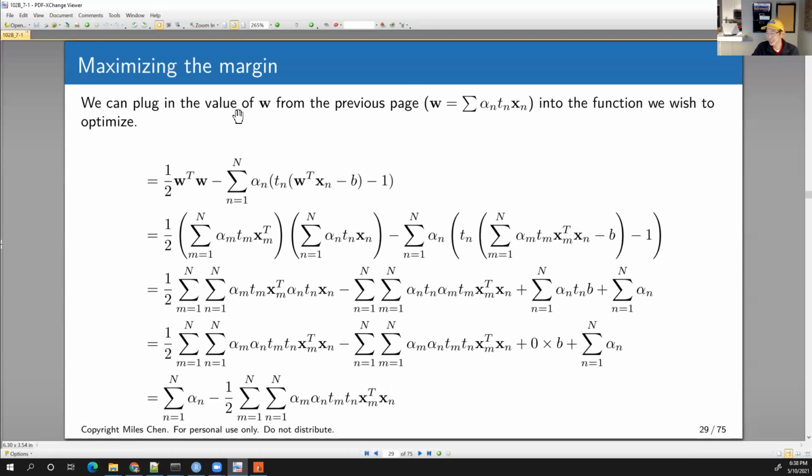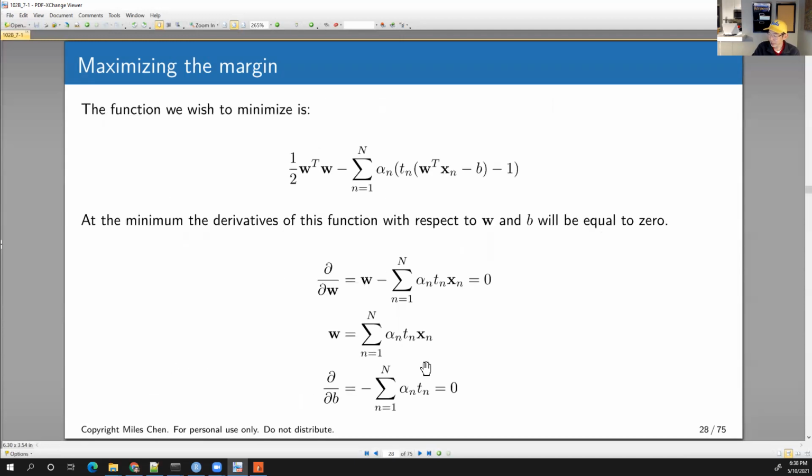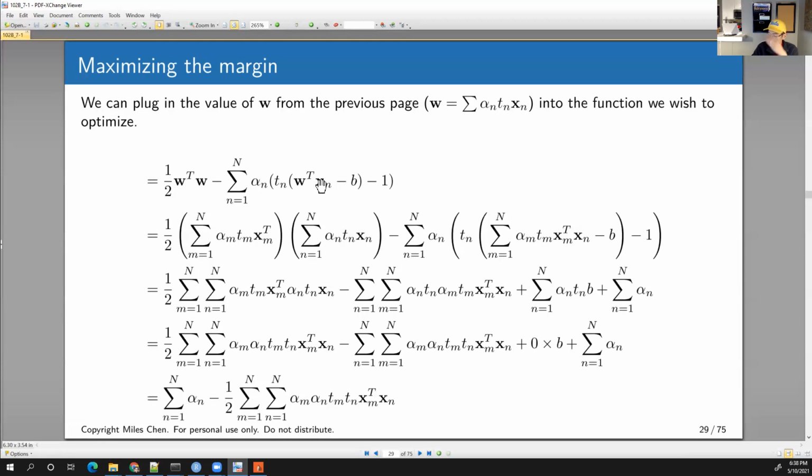On this slide here, we have this vector W, and this vector W ends up being just the summation of some of the X values multiplied by some constants, alpha and T. So we're going to take this thing where W is the sum of some X values times alpha and T, and we have W transpose W.